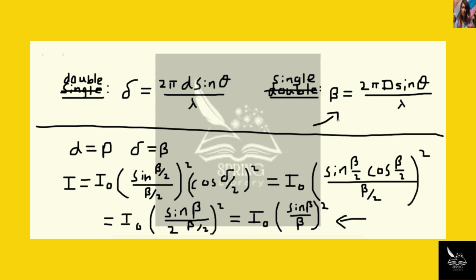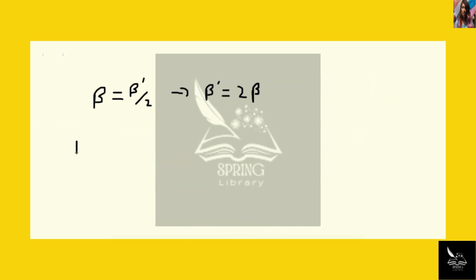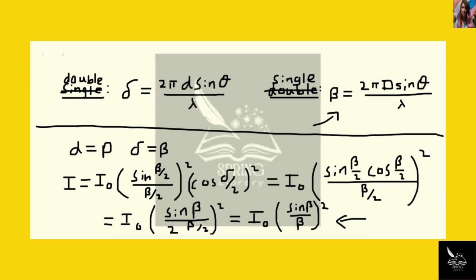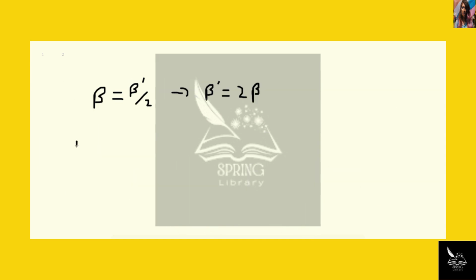So when beta prime equals 2 beta, we can go back to our expression for beta for the single slit, which is here, and do a change of variables. We can do that for beta prime. So what we have here is beta prime, which is equal to 2 times beta.